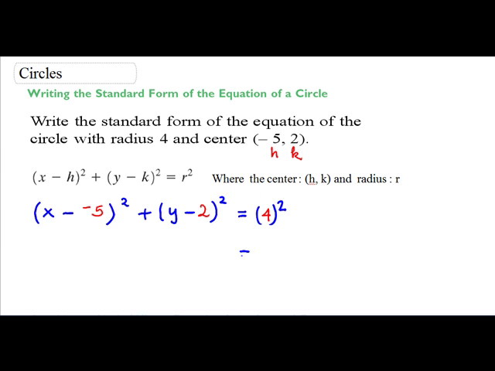Now to simplify, right here I have 16. The minus with the minus here become a positive. So this is the equation of the circle in the standard form.